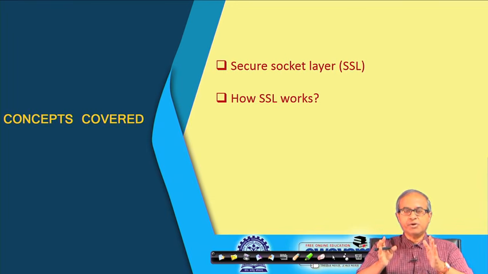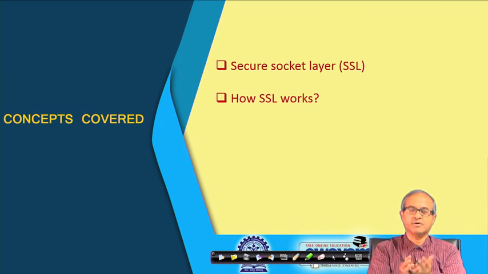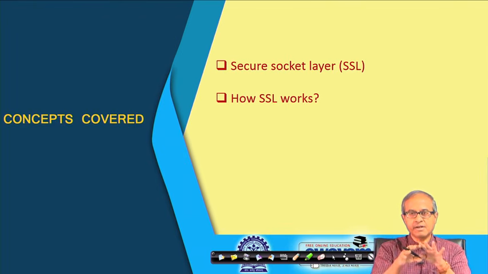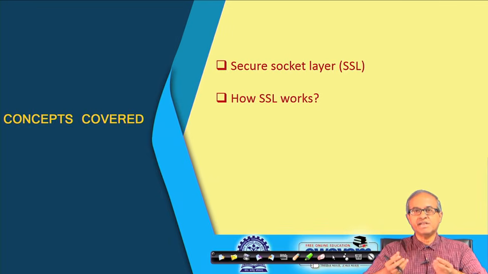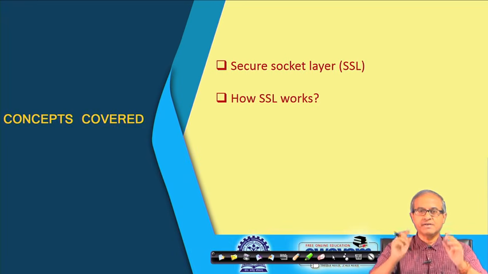SSL is important from the point of view of securing an organization or any network, because if you can provide a mechanism so that people use this protocol SSL for communication, for sending confidential messages, then automatically there will be some kind of encryption going on. And if any intruder or hacker tries to break into the machine, even if it breaks in, confidential or secure information will not be leaked away.